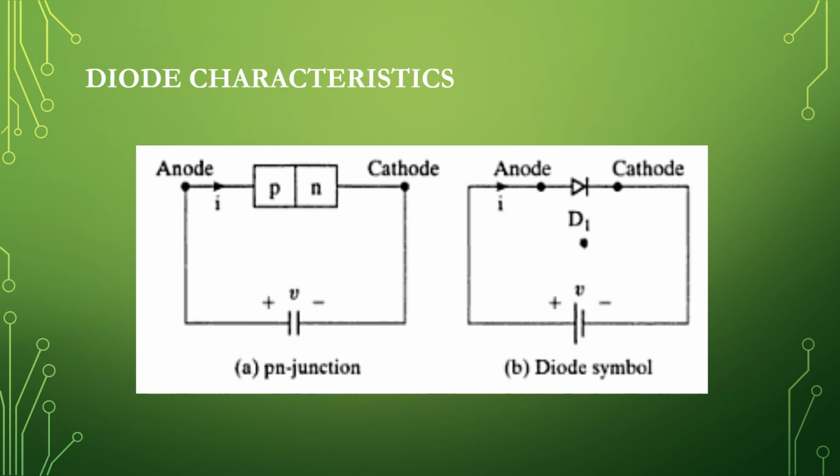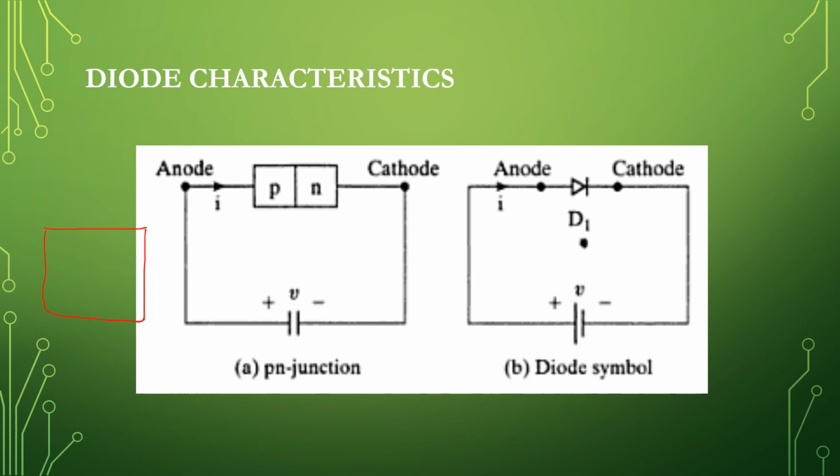As you can see here, you have the diode symbol with anode and cathode, and this is the PN junction. Now the power diode usually has one more additional layer compared to the signal diode, which is the N plus layer.